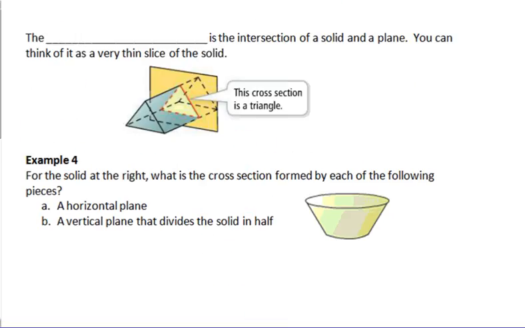All right, now we're going to look at the other part, the cross-section part. A cross-section is the intersection of a solid and a plane. So we'll say that's a cross-section.